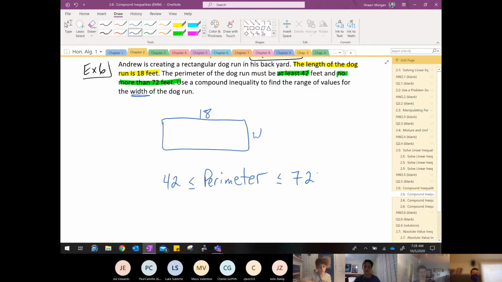So the perimeter must be at least 42 feet and no more than 72 feet, and the range of values for the width so that we can kind of play around with that. So what I need now from you guys is an expression for the perimeter in terms of W. What's that expression? Work that out on your paper real quick while I take a sip of water, and then raise your hand either virtually or actually in class, and let me know what you think. An expression for the perimeter.